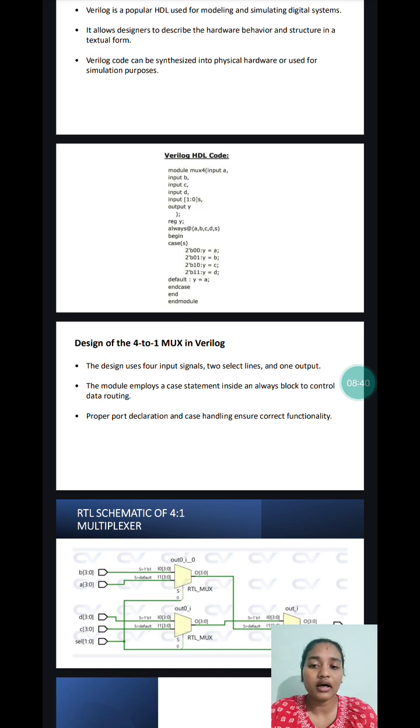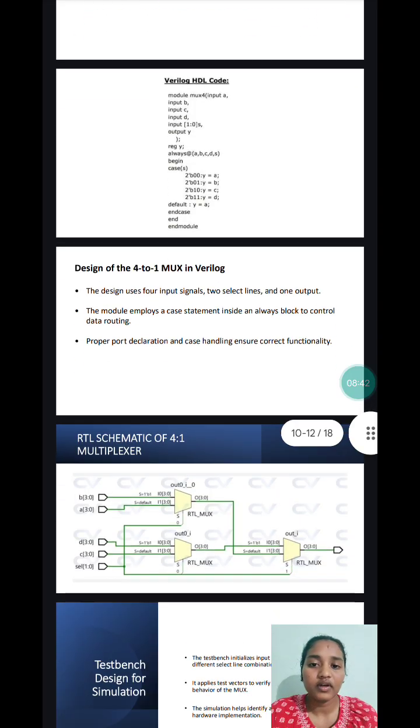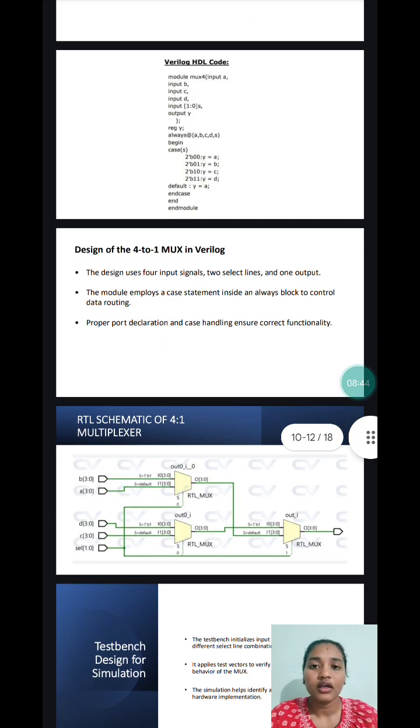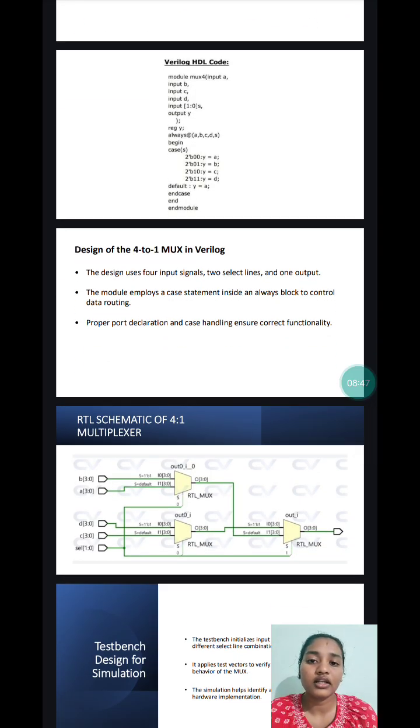We again represent Y with a register, so reg Y, and we use the statement always @(A, B, C, D, S). A, B, C, D, S are the inputs of the code.